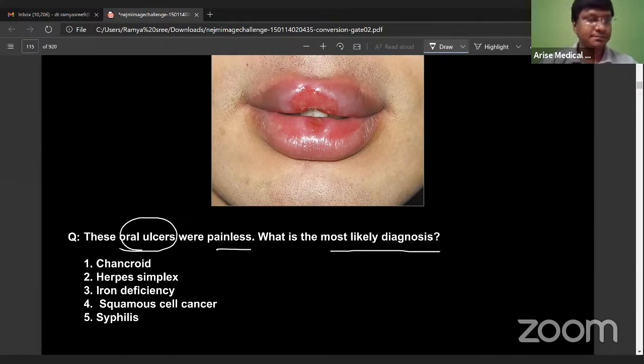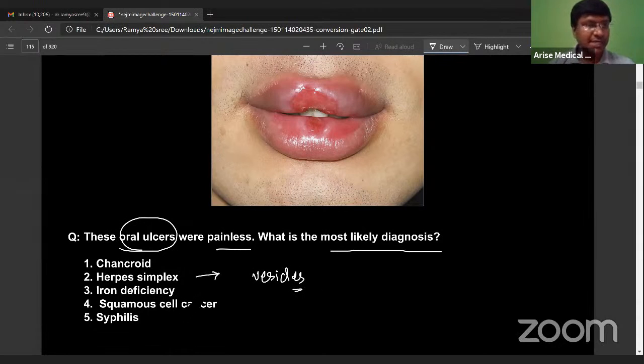Any one of you? No. It is not herpes. See, in case of herpes infection, what will you have? You will have the presence of vesicles or pustular lesions.